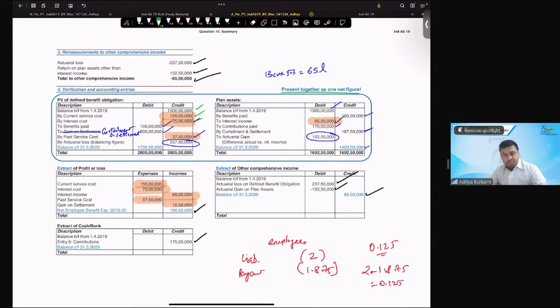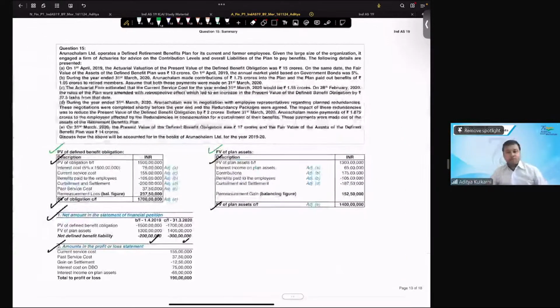See, your subject is not accounting. Accounting you left way back in intermediate. Okay? This is reporting. So what is of importance is not passing these journal entries or preparing these accounts. What is important is how you are going to show it in the financial statements. So you will be netting them off and presenting.